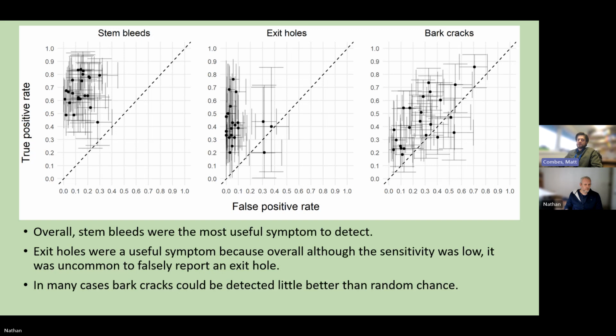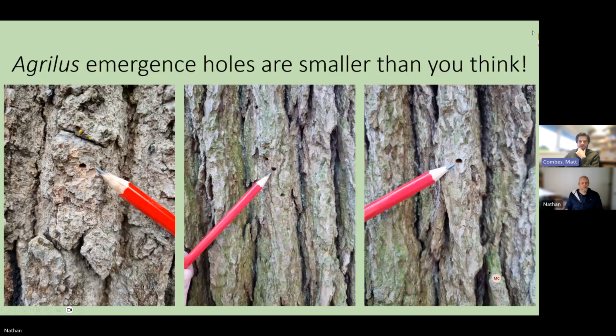And also, as we know from the survey, recording these different symptoms takes quite a bit of mental energy. So looking for 2 symptoms versus 3 is much easier to do. So then if I move on to the next slide, there we go. As outlined there, you can see that the Agrilus emergence holes are smaller than you might imagine.